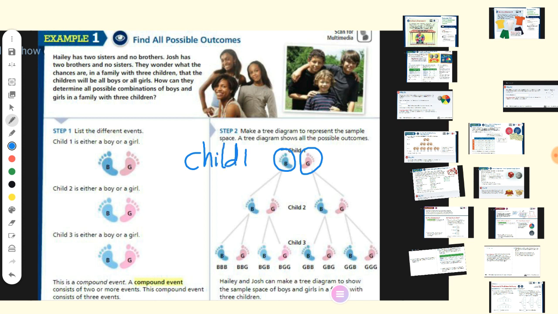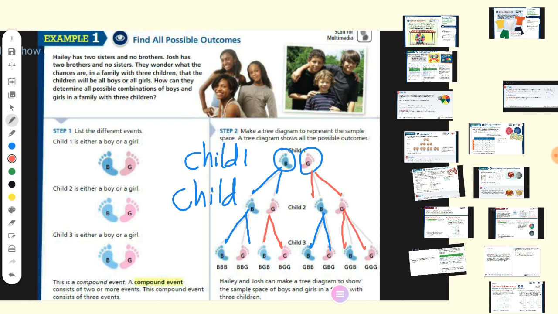If the first child was a boy, child 2 may be a boy or girl. What about if the first child was a girl? It may be a boy or girl, second child. What about the third? If it's a boy, it may be a boy or girl. And if it's a girl for the second time, it may be a boy or girl. And so on, you can do it.